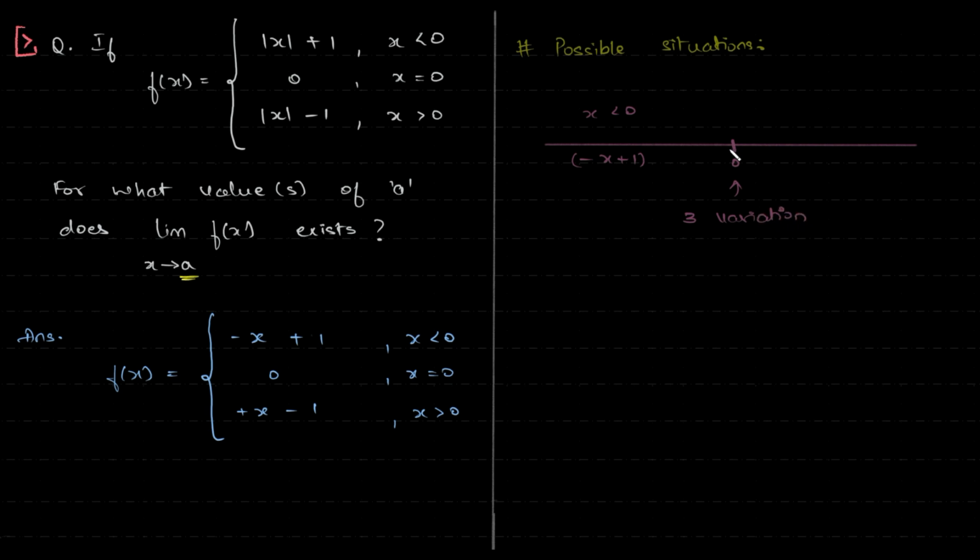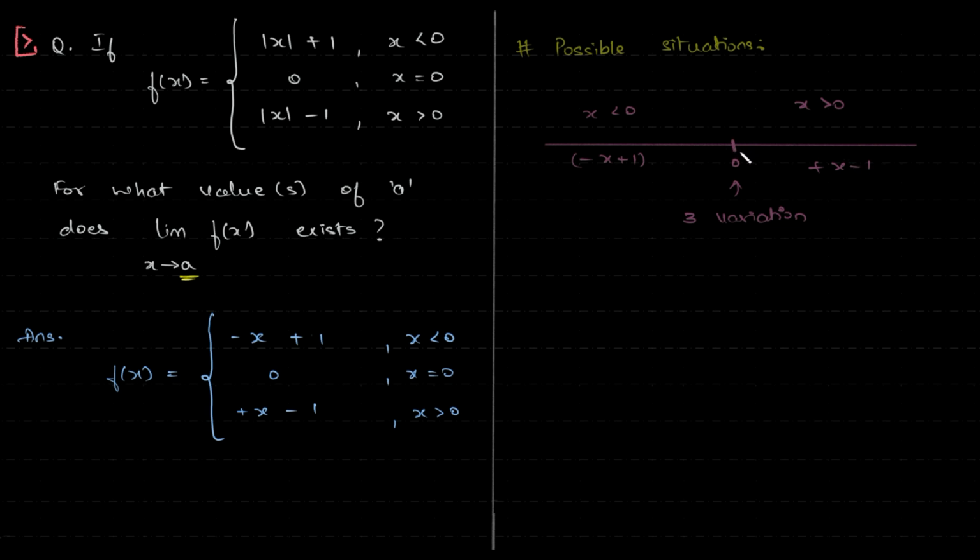When we are approaching 0, there are two variations. And after 0, there is a definite expression, that is x minus 1. So it is easy to tell that the function is continuous throughout before 0 and throughout after 0.